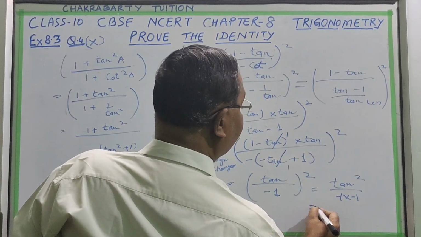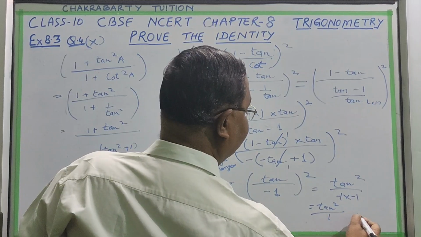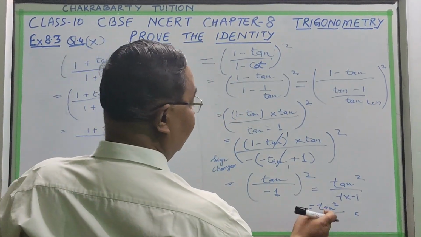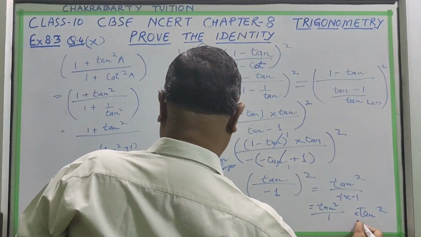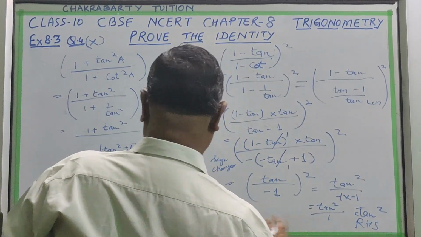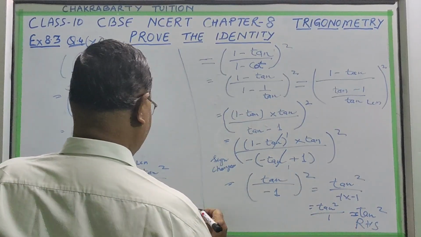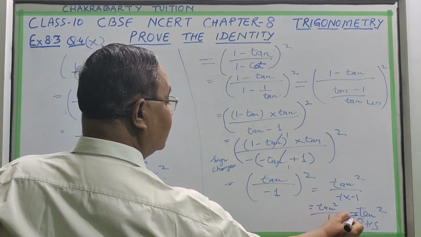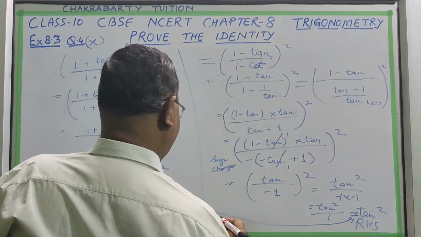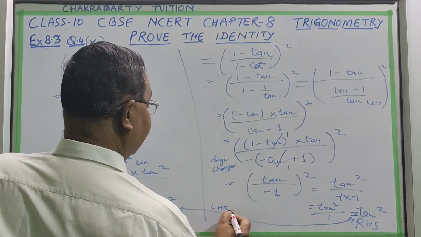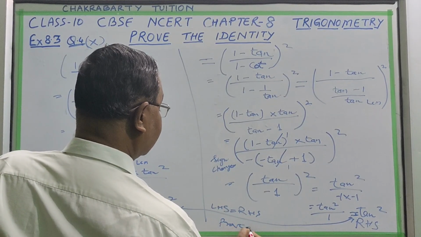So tan square upon plus 1 it will become. Now nothing to divide, so it will come as tan square. So this is your RHS. So LHS and RHS both are equal. Both are tan square, here also and here also. LHS equal to RHS, so it is proved.